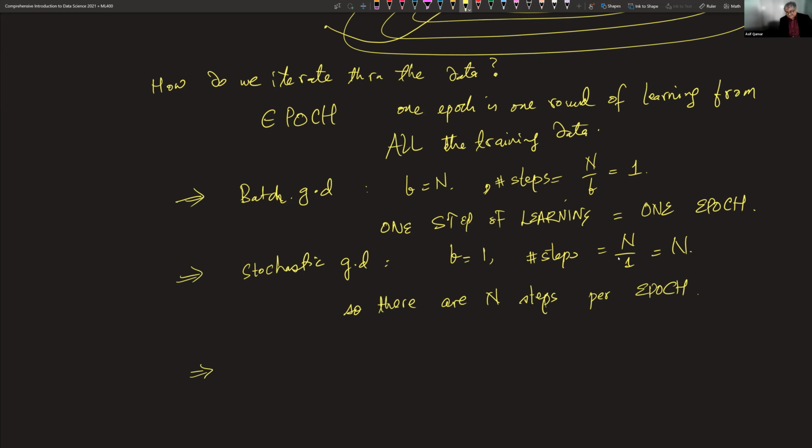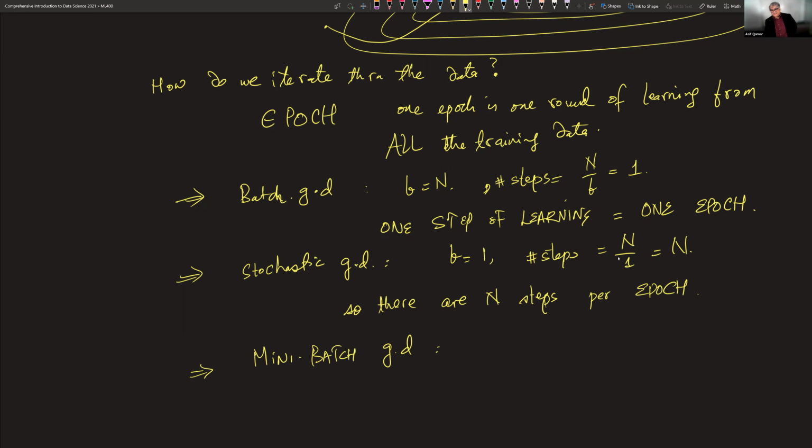And then the in between, the happy medium, right? In this business of gradient descent and learning, you can think of mini batch as the Goldilocks zone, right? It's the best way to do it. So you do mini batch gradient descent.